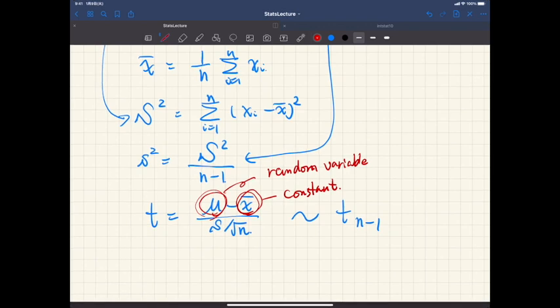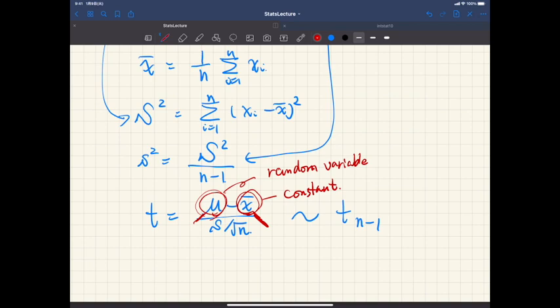So this x bar, its value can vary depending on the samples, right? So in that case, this was the random variable, but this mu was a given constant. So it's quite opposite in this case.